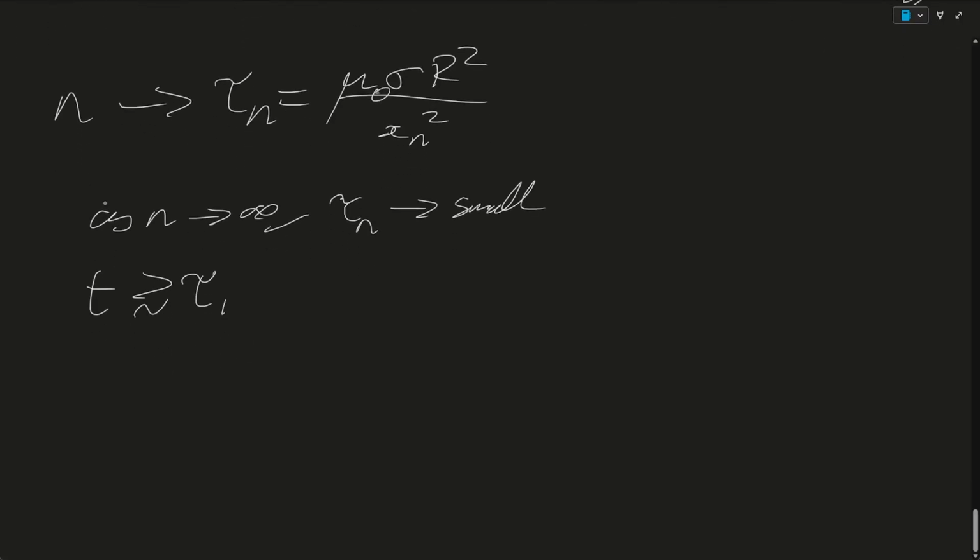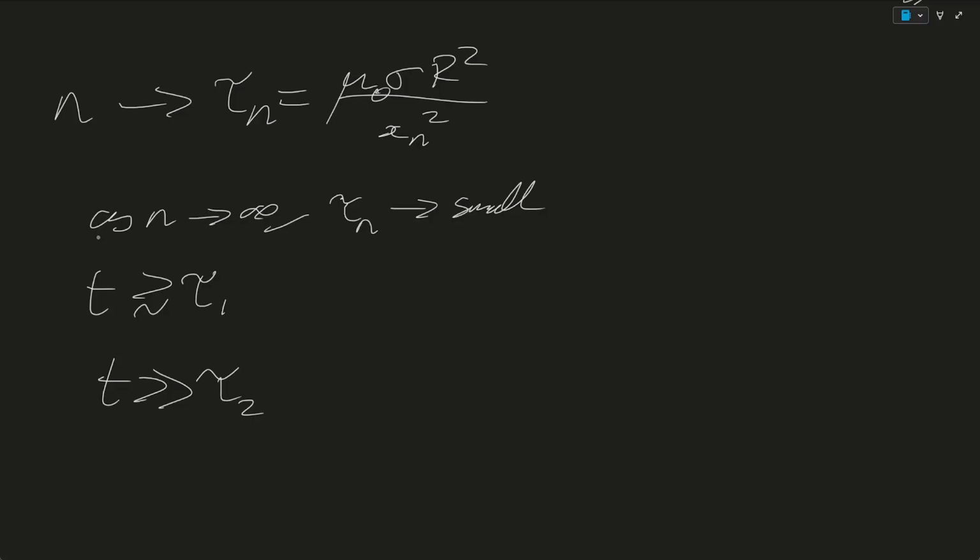And if t is significantly greater than tau 2, all higher order spatial modes decay rapidly compared to the fundamental mode, which is n equals 1. You can treat this as if the system forgets the complex initial step function geometry and relaxes into this fundamental mode n equals 1.